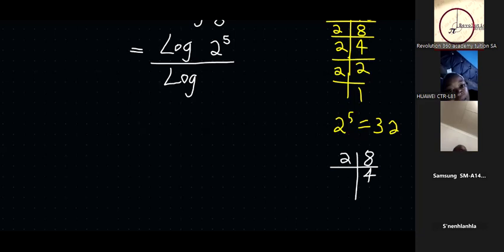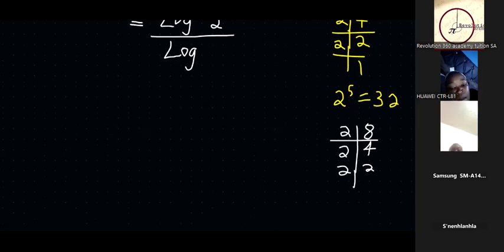Then 2 divided by 2, you're going to get 1. That 1, you write it here. Then you count how many 2's you have on the left-hand side of the fishbone. So that is 2 to the exponent of 3. It equals 8. This basically means that where you are having 8, we'll write 2 to the exponent of 3.